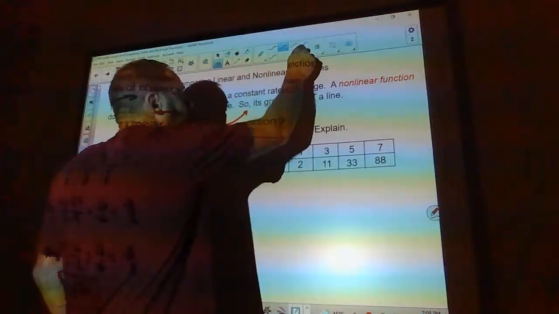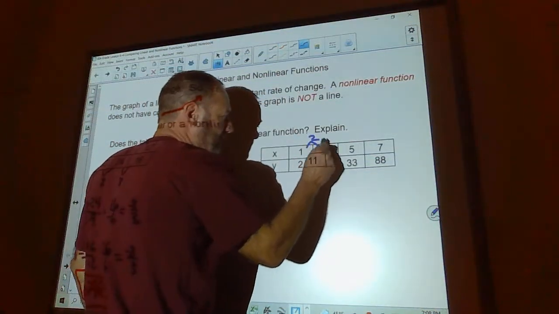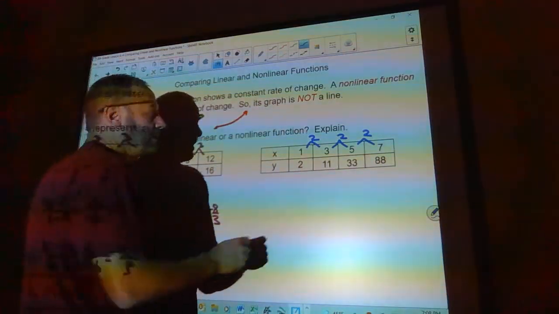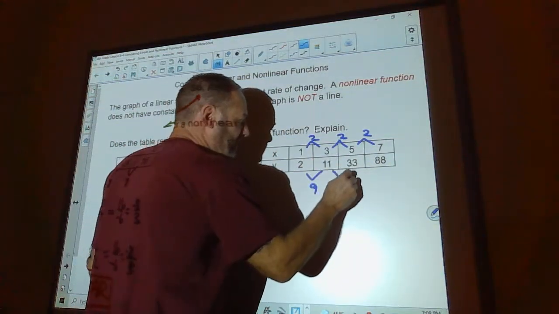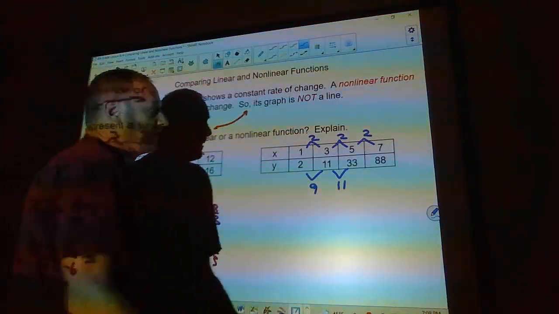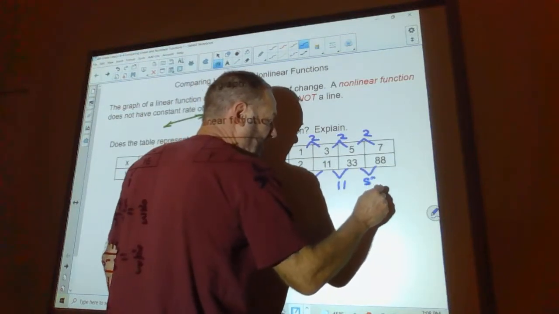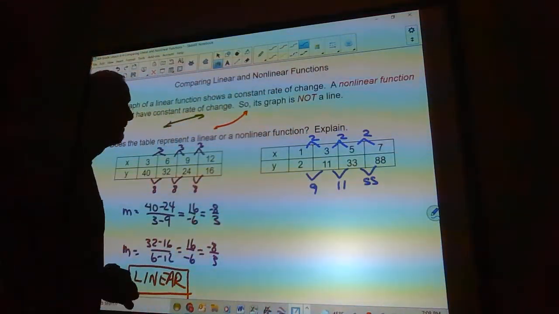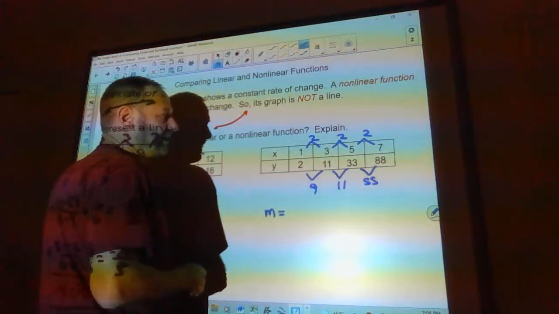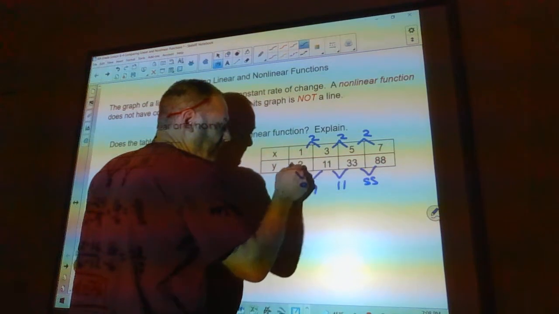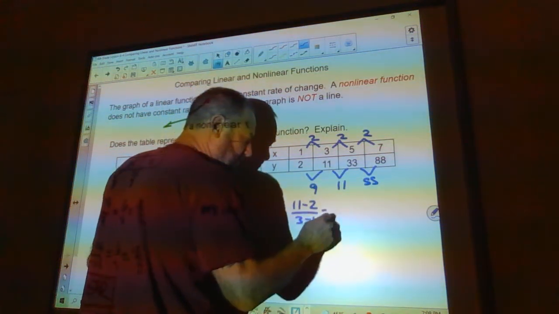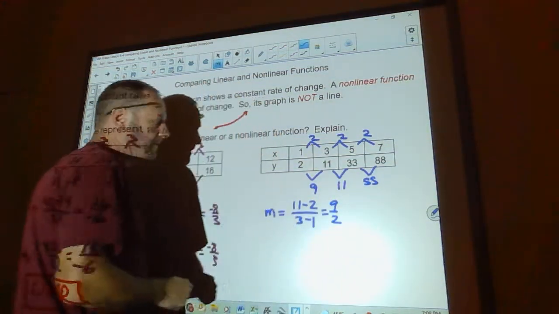Now, if I look at this one, this changes by 2, this changes by 2, this changes by 2. Okay, so that's okay. This changes by 9, this changes by 11. That tells me right now this thing is not linear. And then it gets even worse here. This changes by 55. If I calculated the slope from here to here, that would be 11 minus 2 over 3 minus 1, which would be 9 over 2.